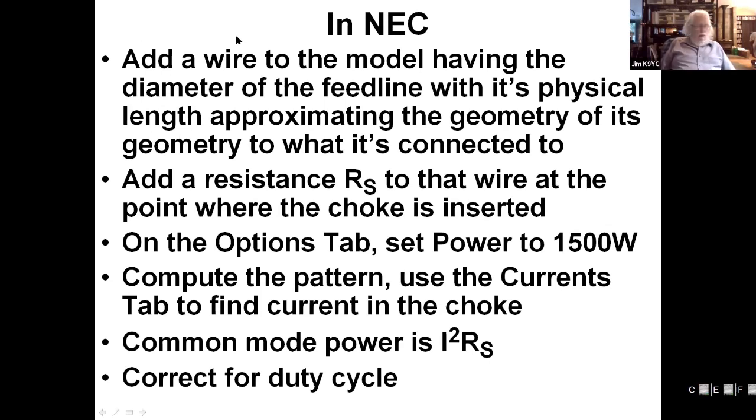If it's a two-wire line, it may be going to a balanced tuner, and you've got to figure out what that balanced tuner is doing to terminate that line. So you add that wire, and then you add a resistance RS at the point where you've inserted the choke. Then correct that number for the duty cycle. So that's how you get the common mode loss in the choke.